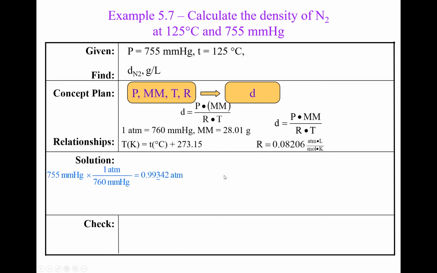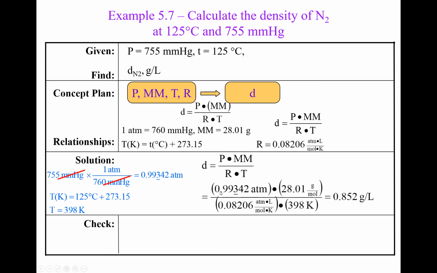And then it's just kind of a plug and chug. All right, our pressure is basically 1 atmosphere, right? 0.993 is basically 1. And then we're at this elevated temperature for some reason, 125 degrees Celsius, fine, whatever, add it to 273. And then we just plug and chug along here, right? Our moles will cancel and we can get 2 grams per liter.